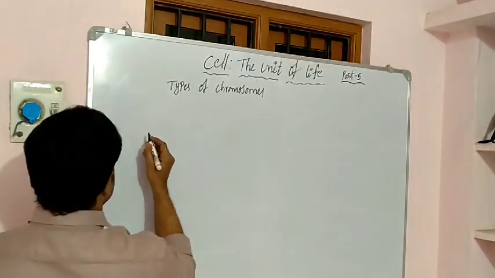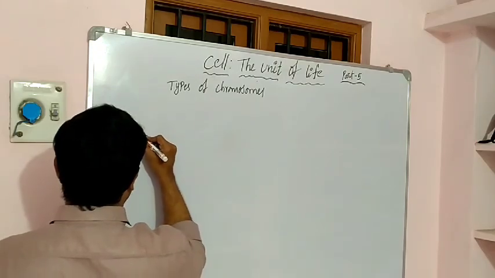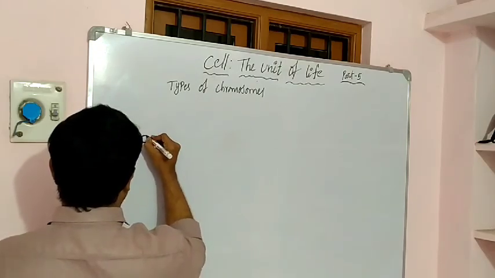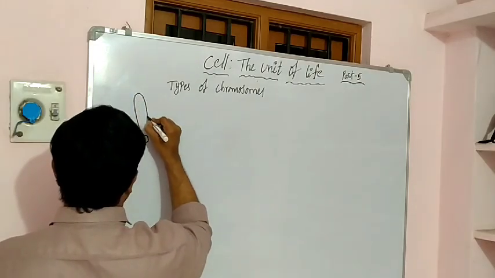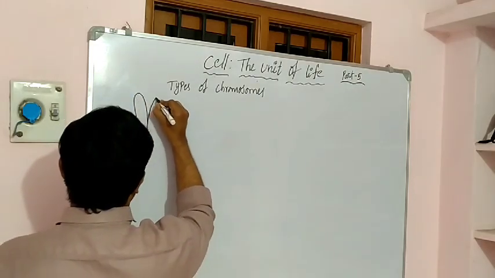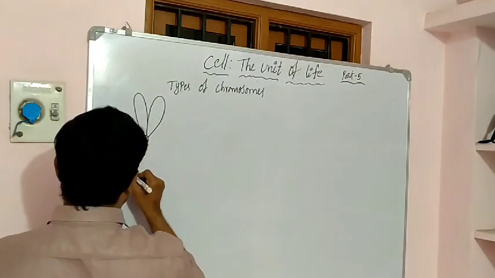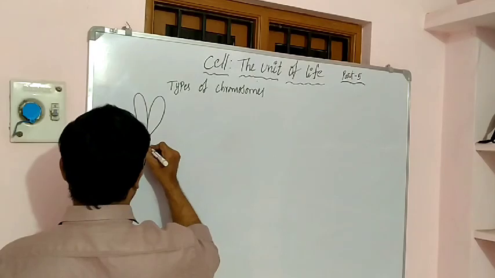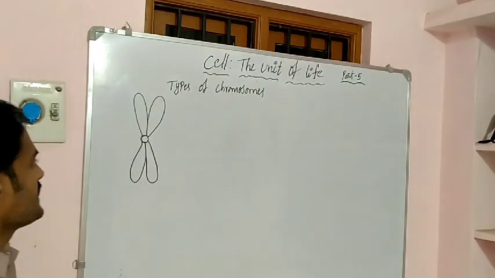What are they? See here. This is the centromere. See, this is one type of chromosome.